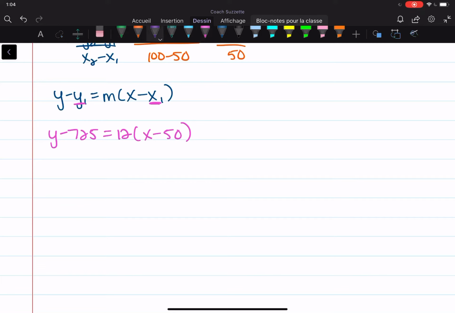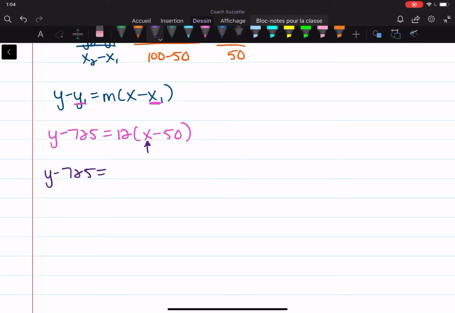Now, if I wanted to know what is the y value when its x value is 75, then I would substitute 75 here, and I solve for y. So I'd have y minus 725 is equal to 12 times 75 minus 50. So let's simplify. That would mean 12 times 25. 12 times 25 is 300.